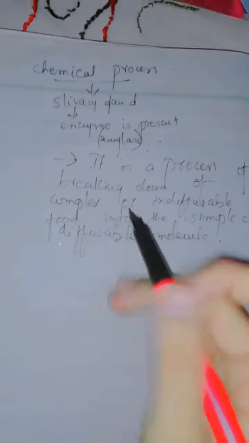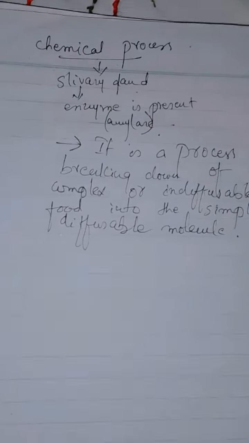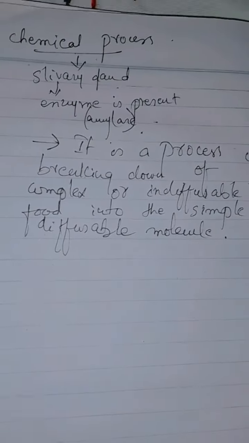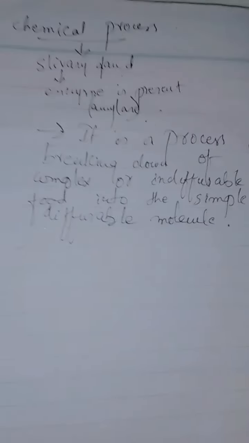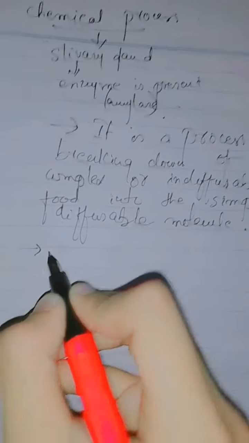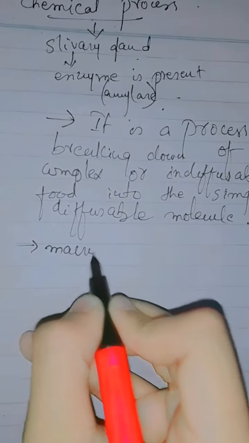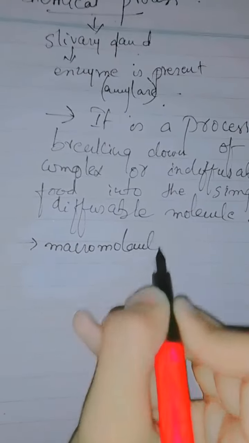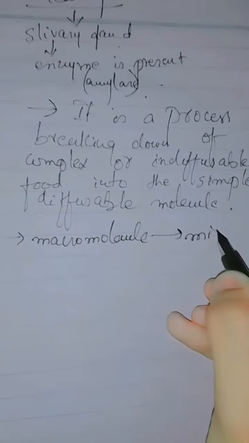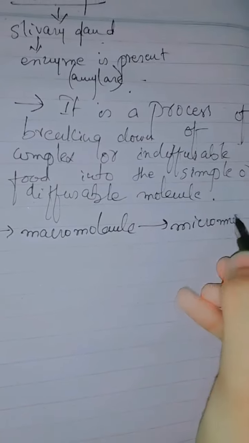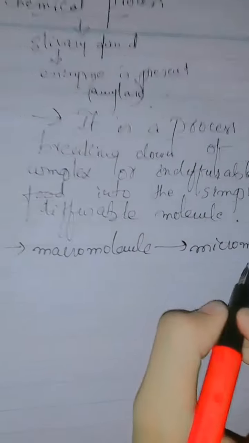That is actually a process of the breaking down of the complex molecules into the simplest molecules. We can simply say the breaking down of macromolecules into the micromolecules. That process is known as digestion.